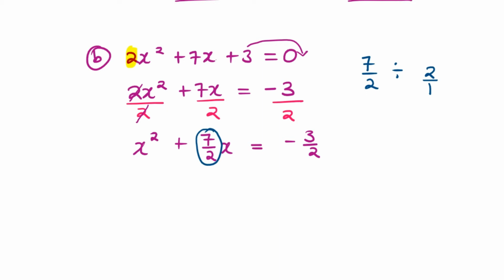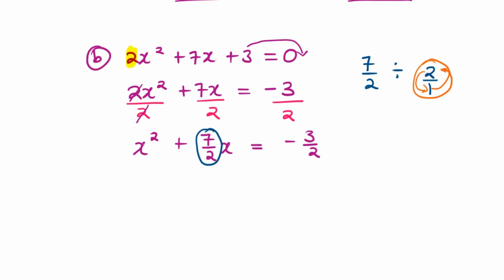When dividing fractions, we instead multiply, but the other part becomes a reciprocal, which means they interchange. 1 becomes the numerator and 2 comes down as the denominator.